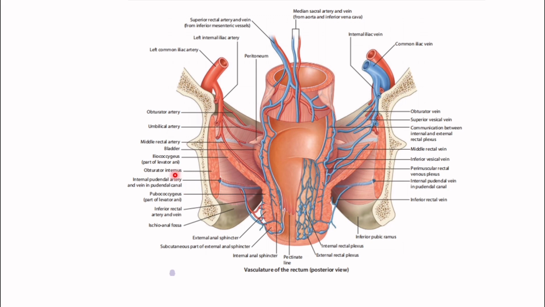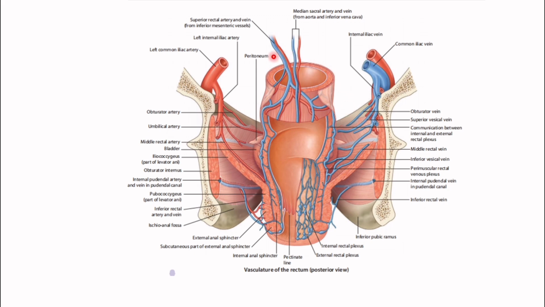The internal pudendal artery will give the inferior rectal artery, which will supply the lower aspects of the rectum. Then the veins will correspond with the arteries.